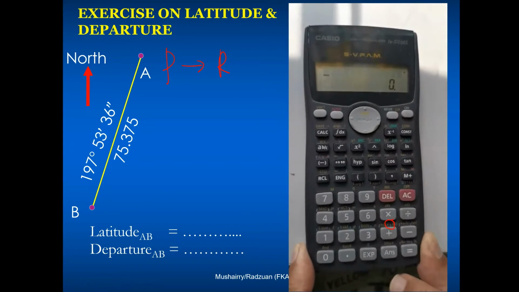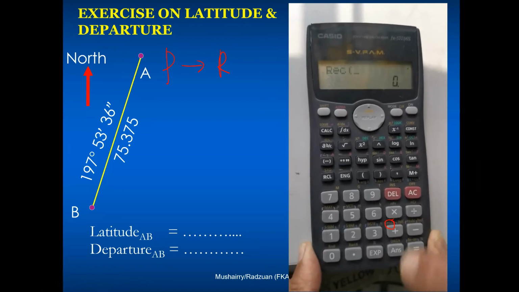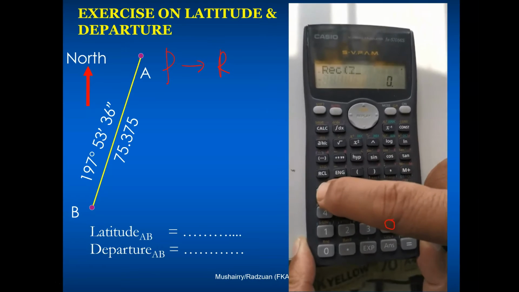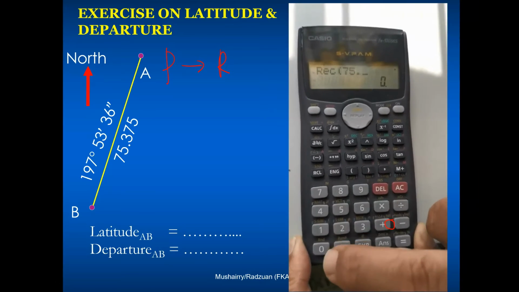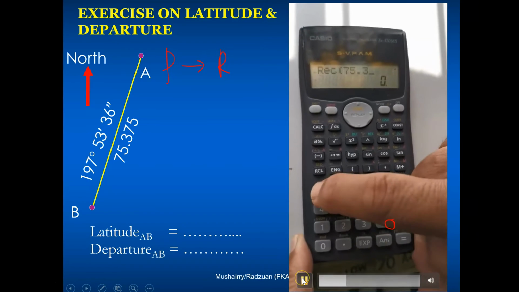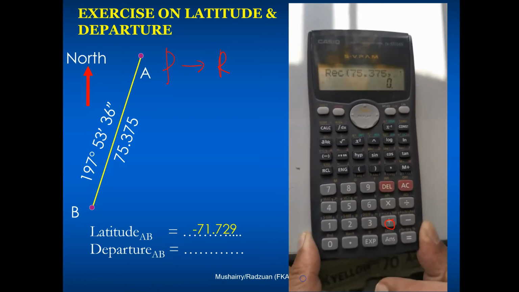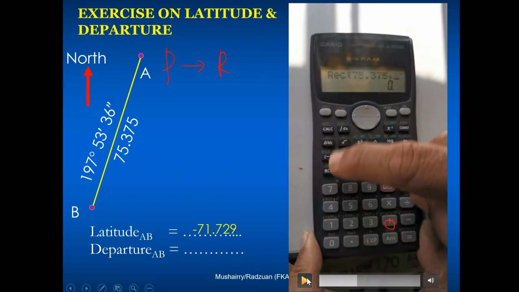So shift minus, as Rec stands for rectangular, so you key in the distance 75.375, comma. So that's the distance, 75.375, comma.